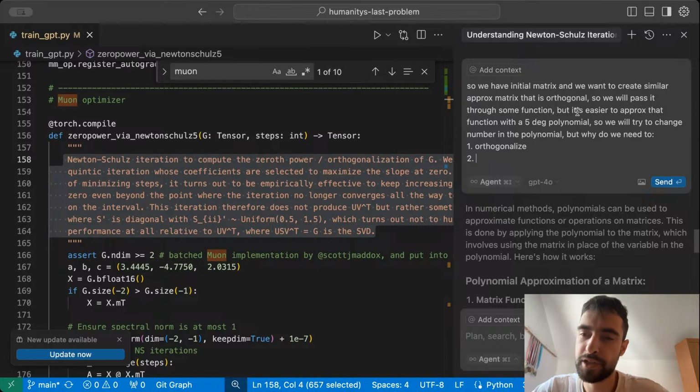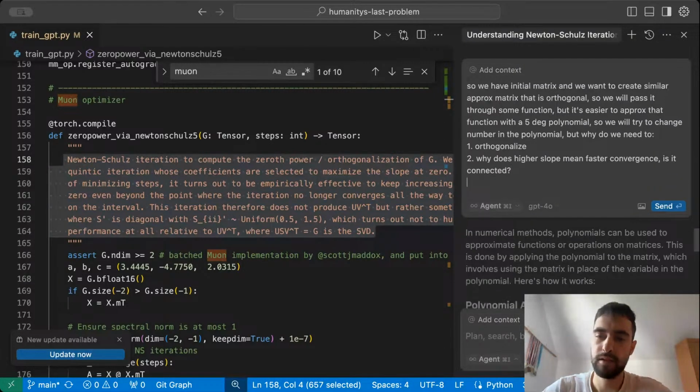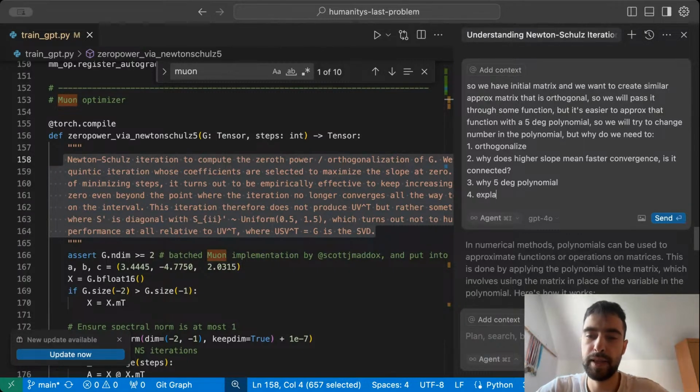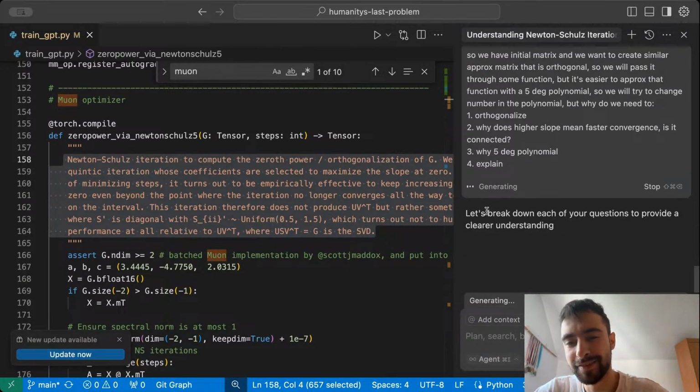Pass it through some function, but why does higher slope mean faster convergence? Is it connected? What else do we need to ask? I guess, why a 5th degree polynomial? And explain, just explain.